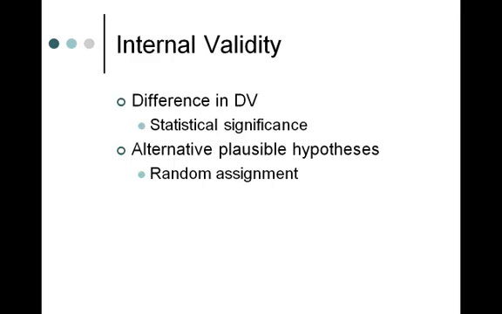So there may be pre-existing group differences, and the most common way to deal with this in an experiment is to use random assignment. And the goal of random assignment is to create equivalent groups.